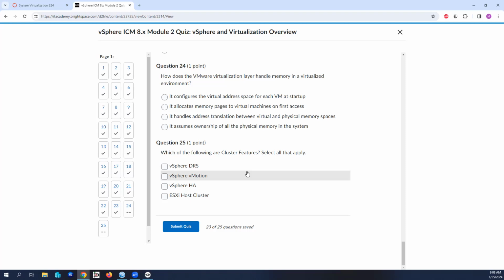So that one is not what the virtualization layer does. Was that the longest answer we eliminated? Yep. So it's not that one.